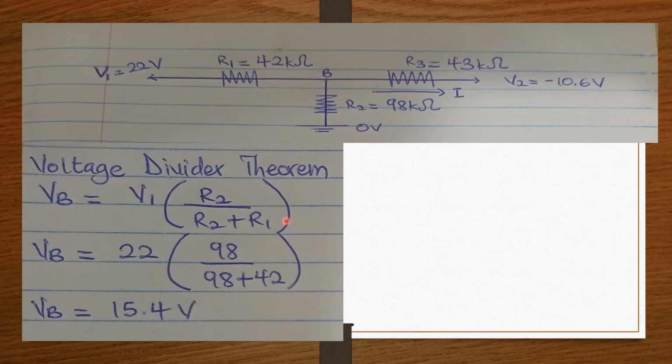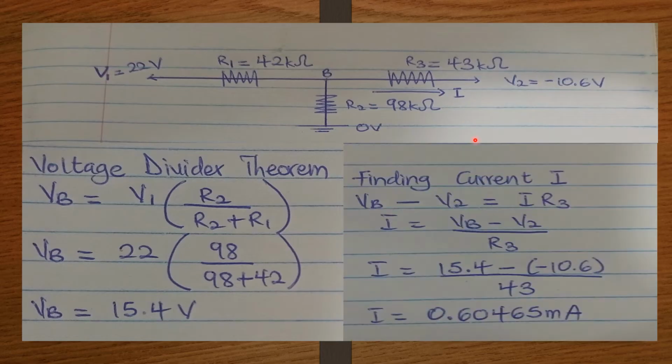Now, we want to find the value of the current I. Since we know the voltage at point VB and we know the voltage at point V2 to be negative 10.6 volts, and we also know the resistance of R3 is 43 kilo ohms, we can find the current I passing through the resistor R3, which is VB minus V2 divided by R3.